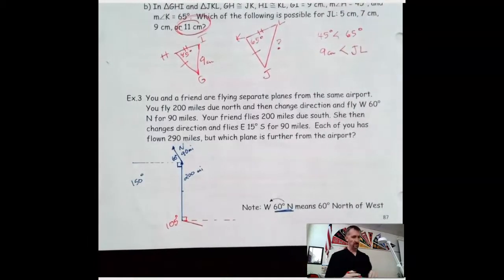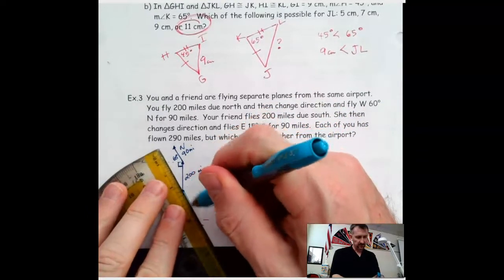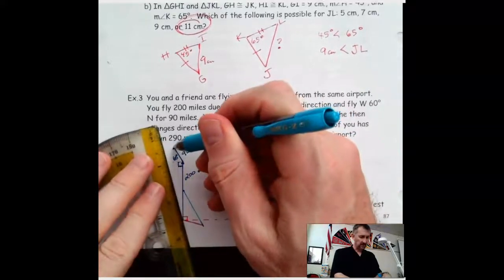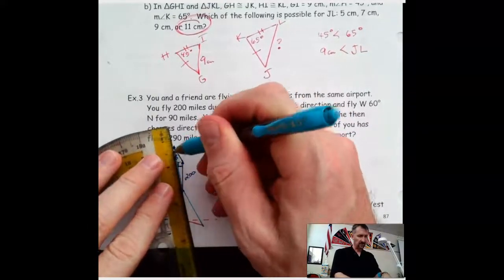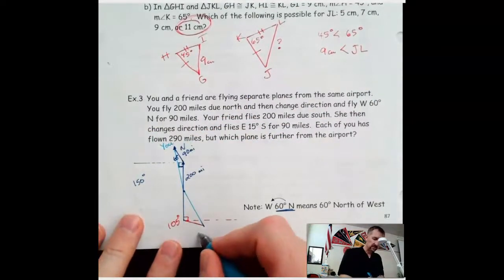Okay, now each of you has flown 290 miles, but which plane is further from the airport? Okay. So let's look at this. So this is the distance, this person's distance back, and this is your distance back. So this is you, and this is your friend.